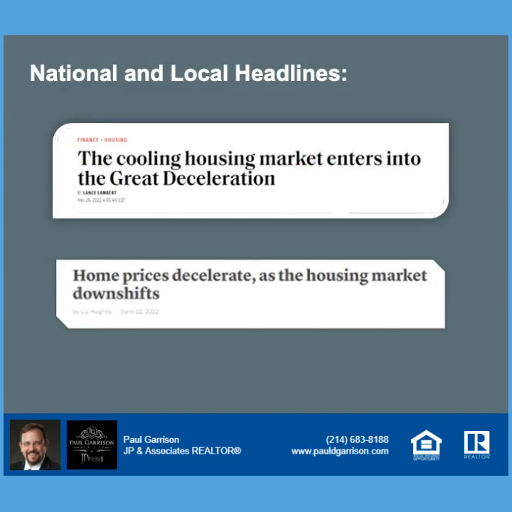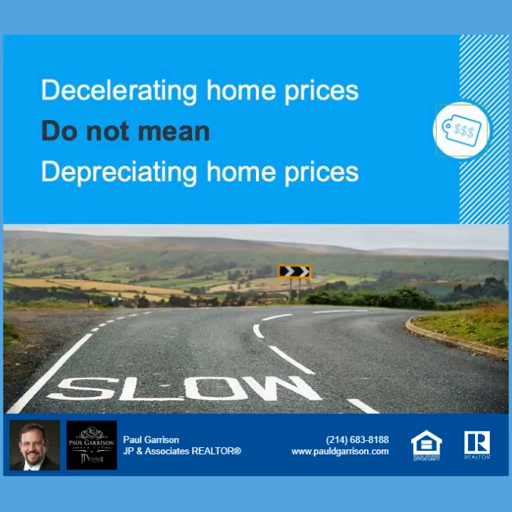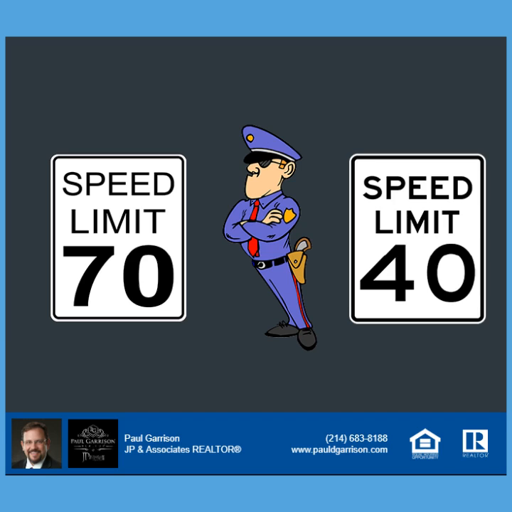Now, we're all starting to see the national and local headlines of the cooling housing market entering the great deceleration. House prices decelerate as the housing market downshifts. We're hearing more and more about deceleration. The key thing I want to stress here is decelerating home prices does not mean depreciating home prices. You've heard me use this example several times before.